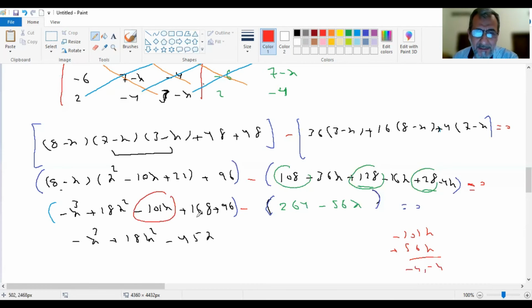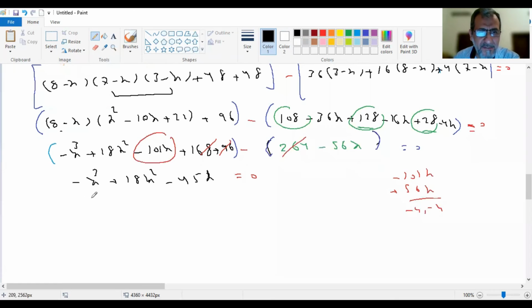And then this number, I have 68 plus 96 will be 264. And minus on this one with this one will be 0, so equal to 0. Now, negative lambda is a common factor. I can take negative lambda as common factor.